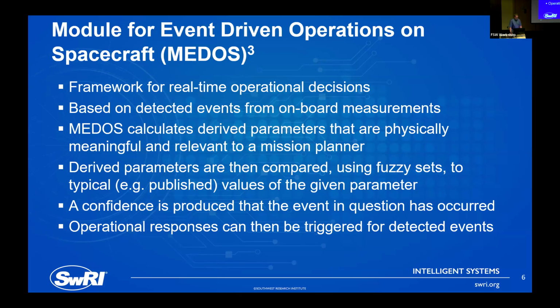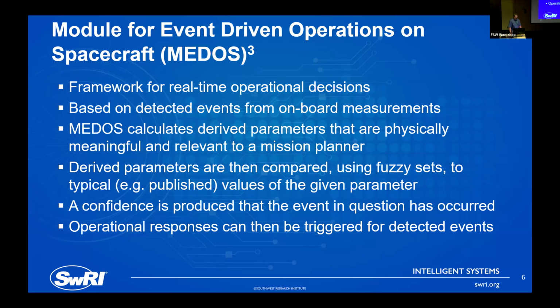Using this MEDOS software, we detect events from telemetry. The MEDOS software does some calculations and creates derived parameters from the telemetry. Then from those derived parameters, it uses fuzzy sets to make decisions based on the values of the derived parameters.